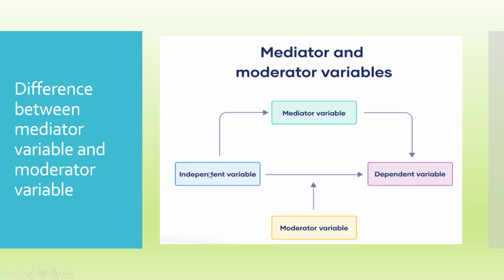You can see here that this independent variable is influencing the dependent variable. The mediator variable is here. So independent variable affecting the mediator variable and mediator variable influencing the dependent variable. But when we are using a moderator variable, we keep the straight arrow, the vertical arrow on the relationship, as it is going to alter this relationship.